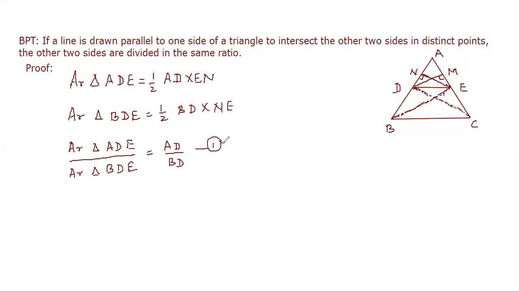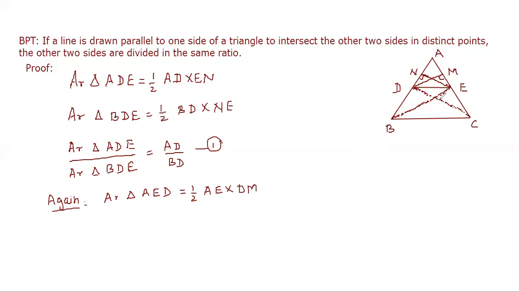We leave it here. Now we consider the areas from this side. So again, area of triangle AED, when we take AE as base, will be half AE multiplied by perpendicular DM.